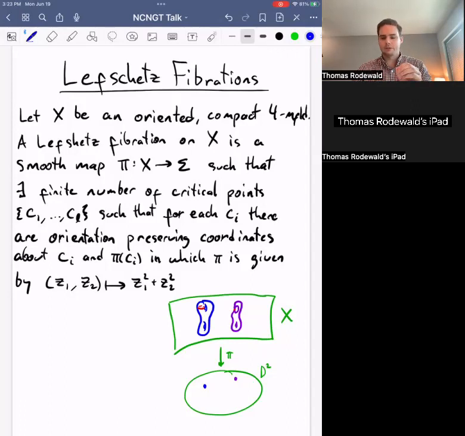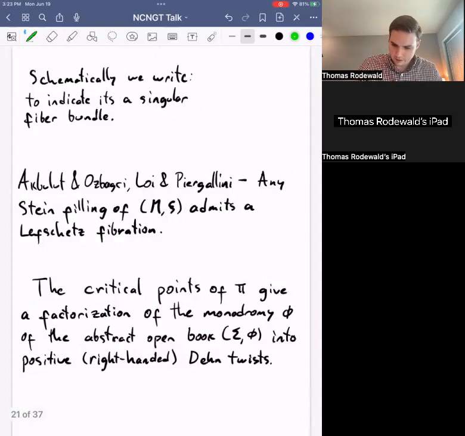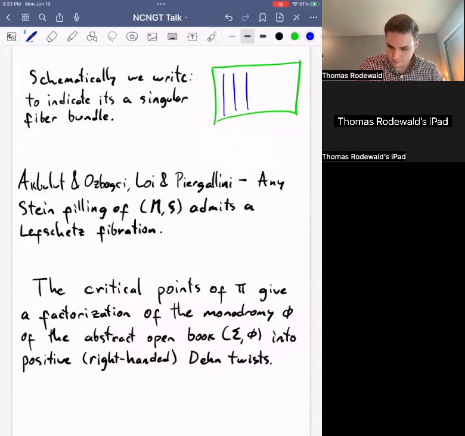We call those vanishing cycles, and when they've collapsed, we call that fiber the singular fiber. Schematically, these straight vertical lines just represent a fiber, and when you have this fishtail here, that represents a singular fiber.